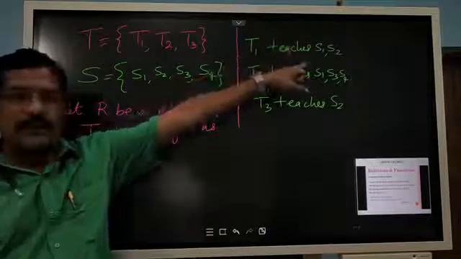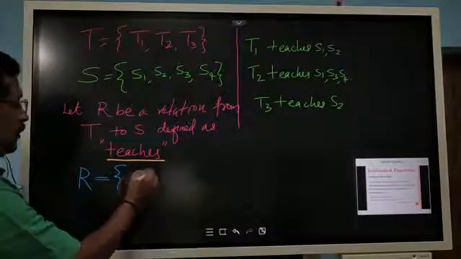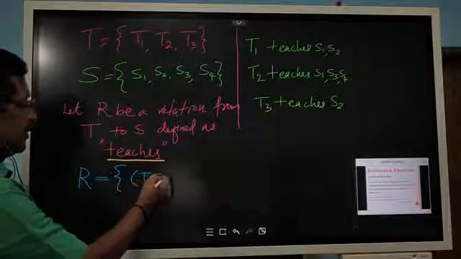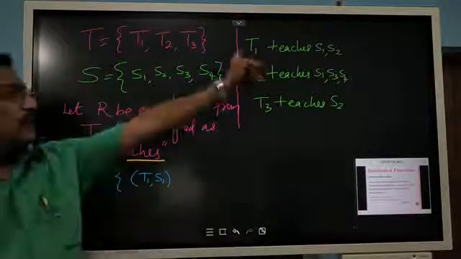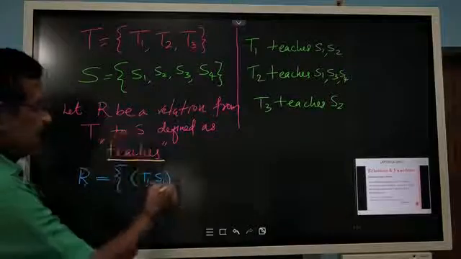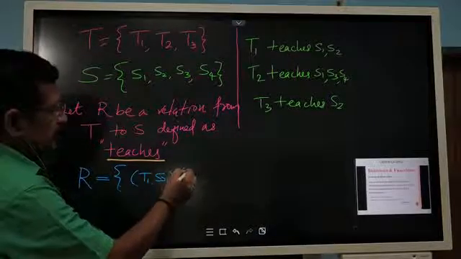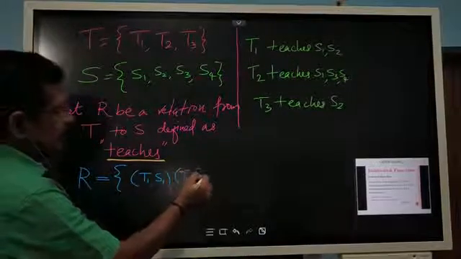Teacher 1 teaches S1, so I can write it as the ordered pair (T1, S1). Teacher 1 teaches S2, student 2, so the ordered pair (T1, S2).